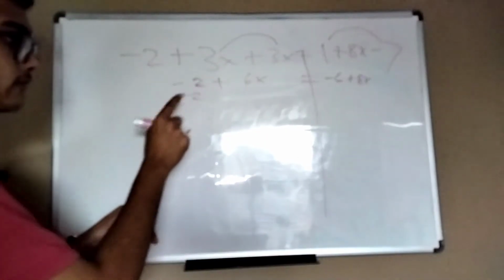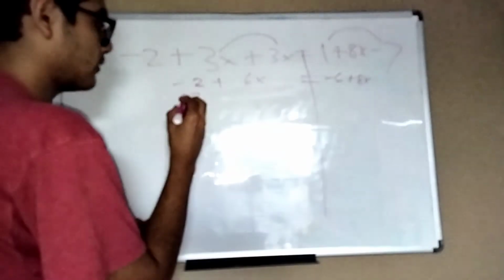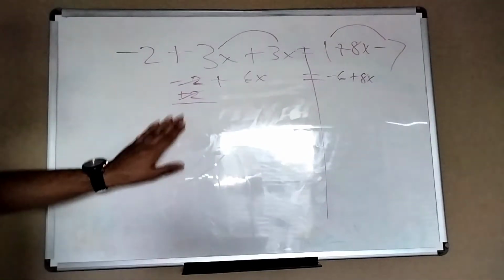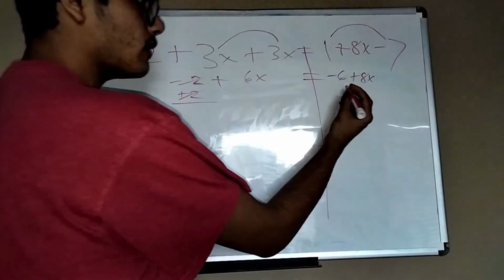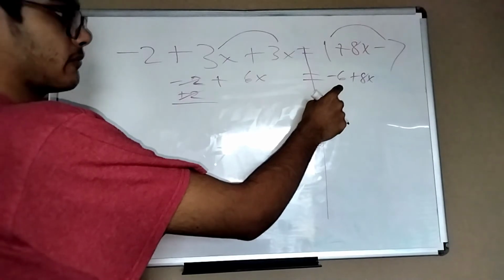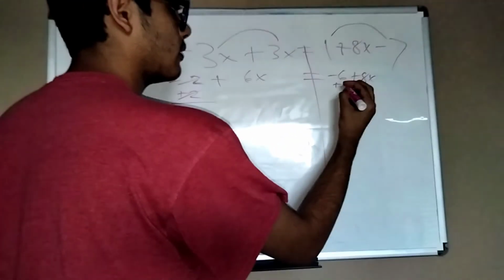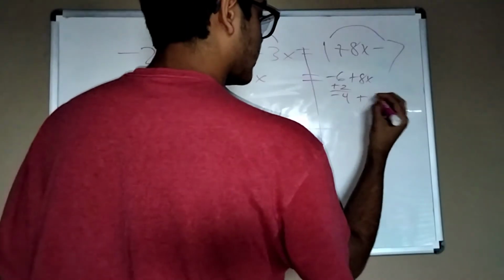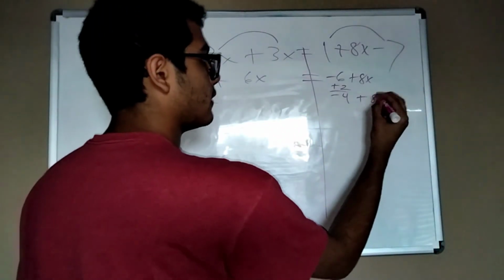You have to turn the negative 2 into a positive, and this cancels out, so this becomes 0. But you have to do this to the other side right here. So you have to put plus 2, and that becomes negative 4. And then you drop the 8x down.